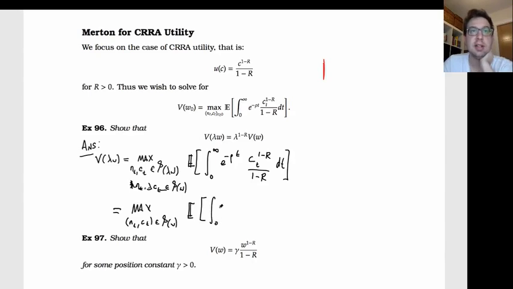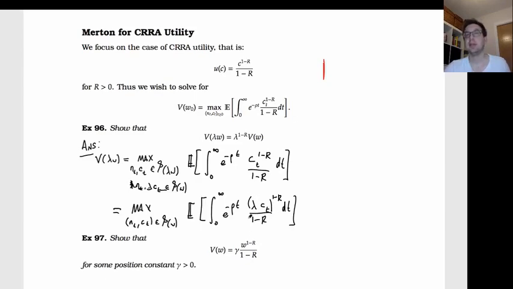Specifically, in this expression, I've got the same discount factor, but my consumption is essentially multiplied by lambda. Okay? So essentially we can say that if I double my wealth, I just could do the same investment policy, take the one where I didn't have double the wealth and just double all the numbers. Okay, that's fine.